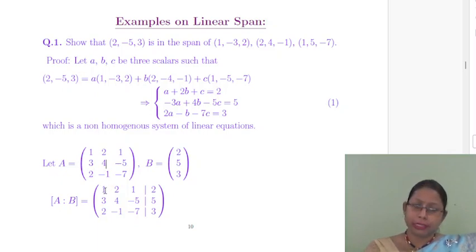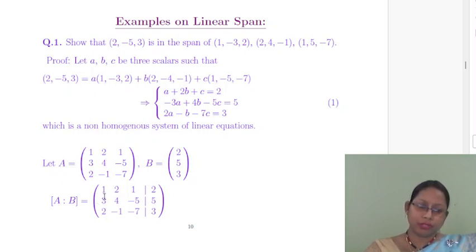After making this element unity, with the help of this element, make all the remaining elements of this column 0. Below 1, make all the elements 0 with the help of proper row transformation. As here, I have made a mistake. I have written 3 instead of -3. You should correct it and write -3 here.